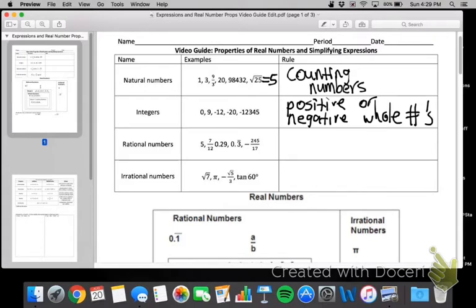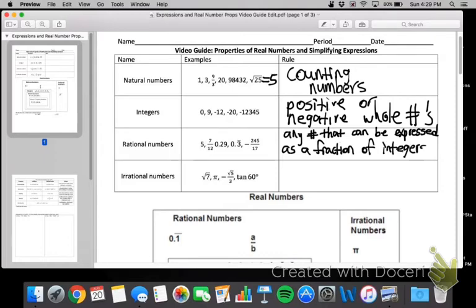A rational number, formally, is any number that can be expressed as a fraction of integers.